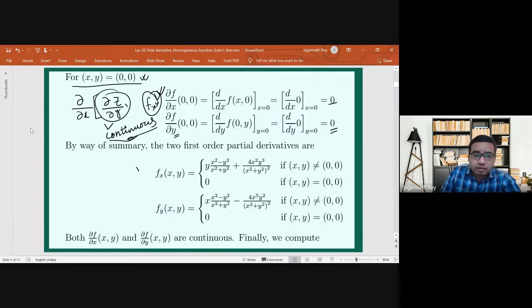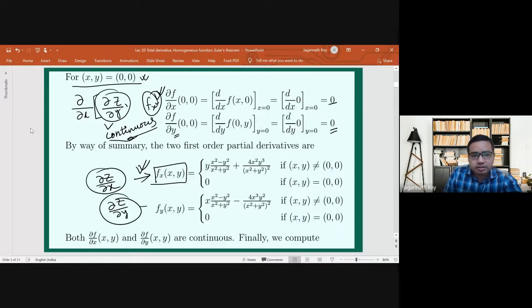These are the first order partial derivatives, this is del z del x, and this is del z del y. Both of them are functions of x and y, and they are continuous also and well defined, because 0 is included.